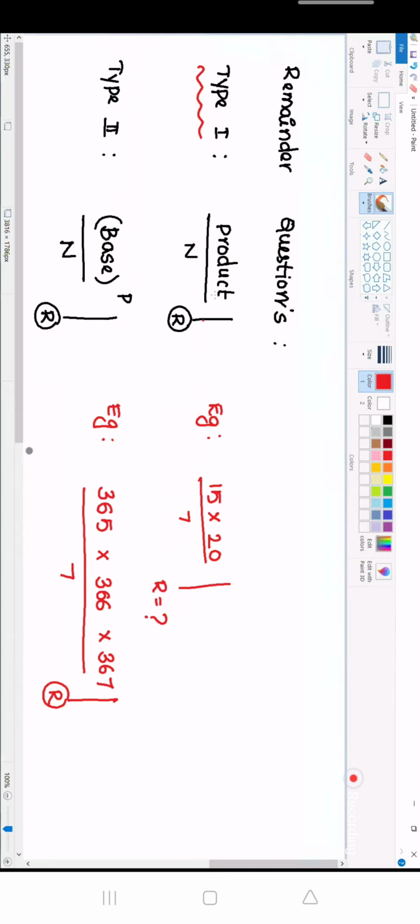So how can we proceed with solving these questions? If you look at the first one, 15 into 20 divided by 7, what is the remainder in this case?